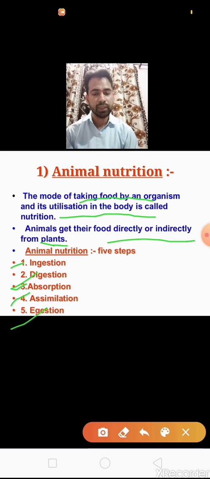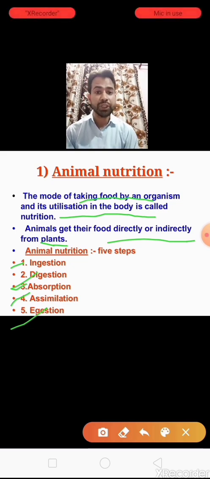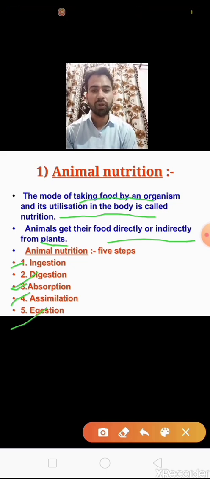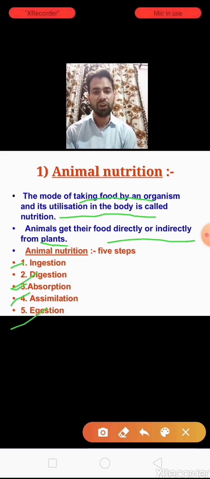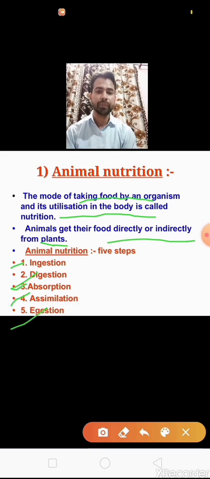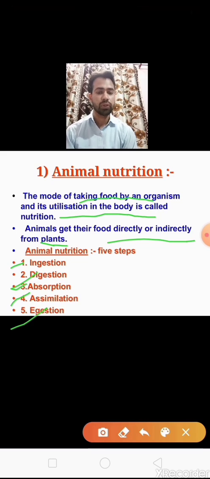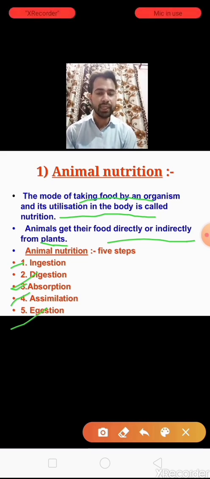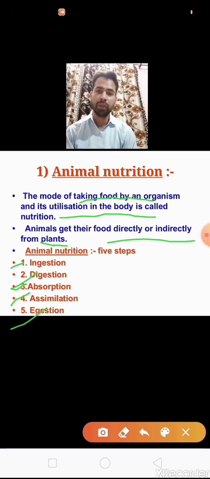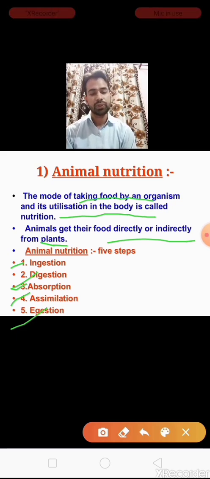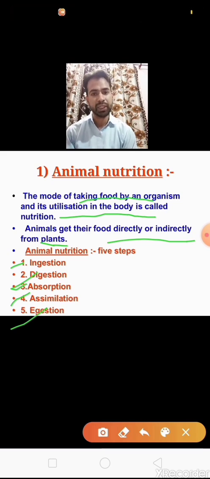In assimilation, the transportation takes place, the transportation of this absorbed food to the various parts of the body. Okay. And last, number 5, egestion, the undigested food. The food that is not digested, that remains undigested, is released from the body. Okay, so these are the 5 steps of animal nutrition that we'll discuss in detail.